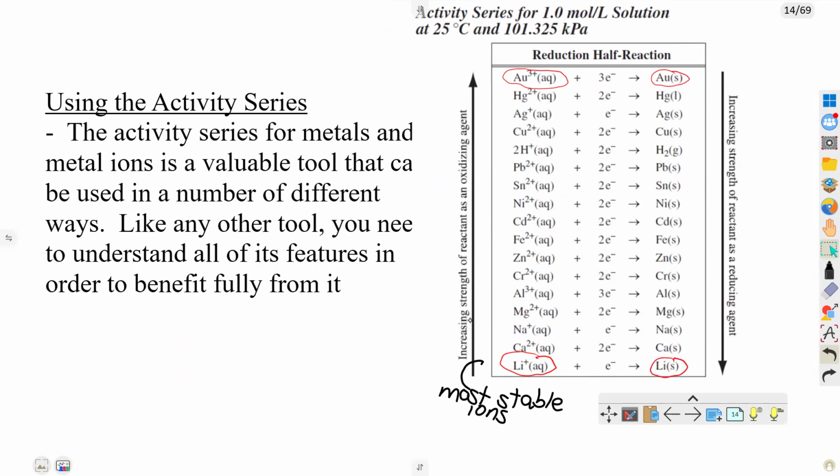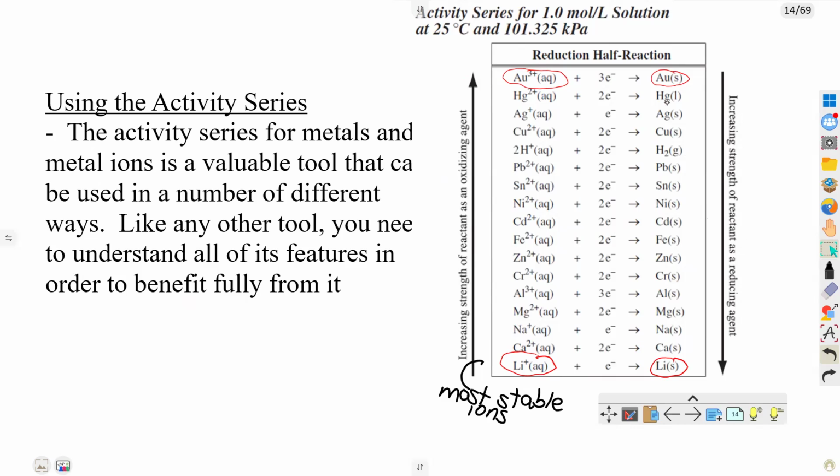Now it says increased strength of reactant as an oxidizing agent. Okay, so what does that mean? That means they gain electrons easily. If you're an oxidizing agent, you cause something else to be oxidized. Therefore, you undergo reduction.